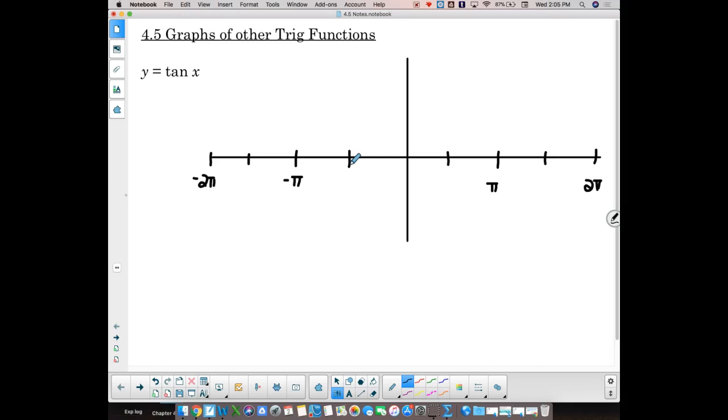We could go further, but we'll just keep it in that range right now. You will need out your own unit circles because we will be referencing them numerous times today.